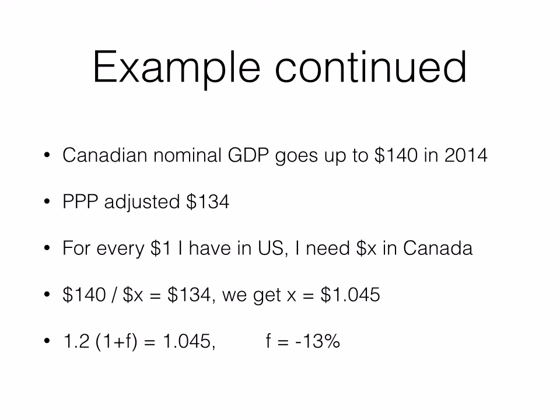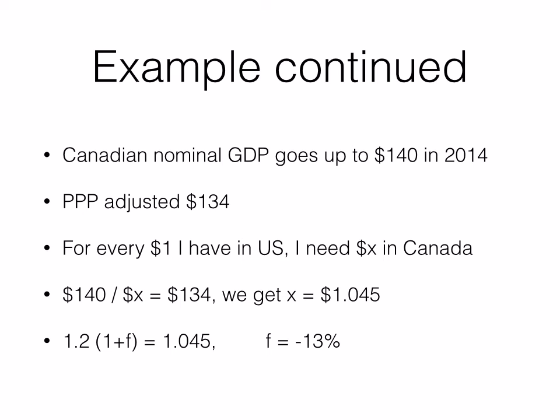Let's assume that the price level did not change in the United States from 2013 to 2014. So a basket of commodities costs $1 in the US in 2013, and the exact same basket costs $1 in 2014 as well. Now in Canada, I need $1.2 to buy that basket in 2013, and I need $1.045 in Canada in 2014.